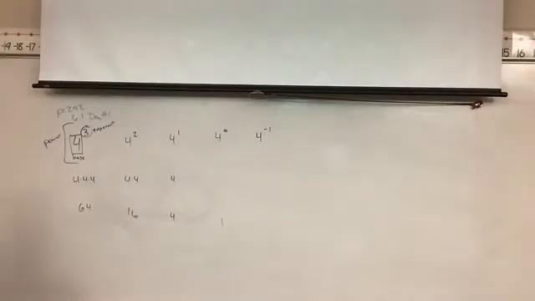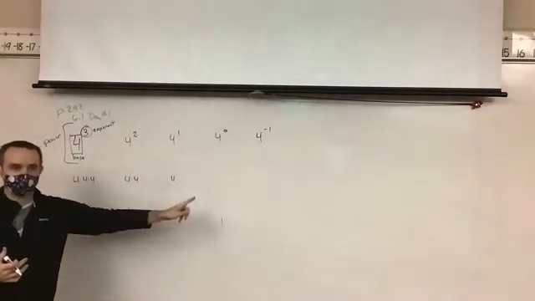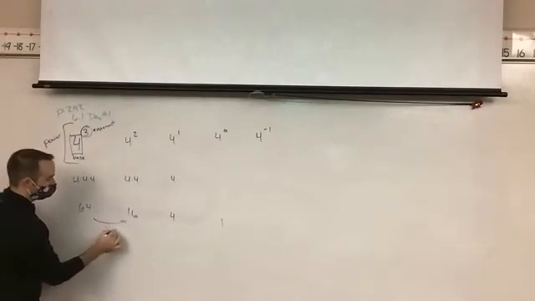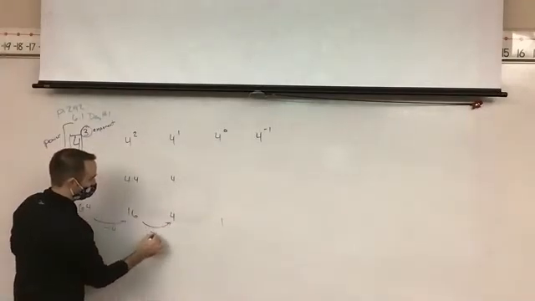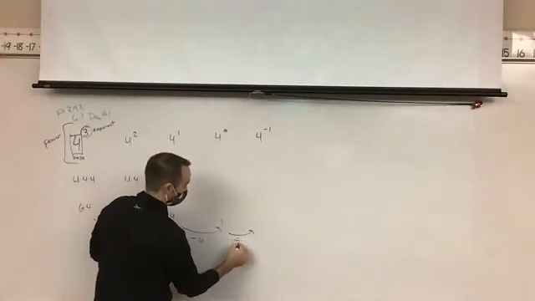Levi? 1/4. I'm continuing to divide by 4 here. Every time I go to the right, every time I take away one of my exponents, I'm dividing by 4. Divide by 4 again.